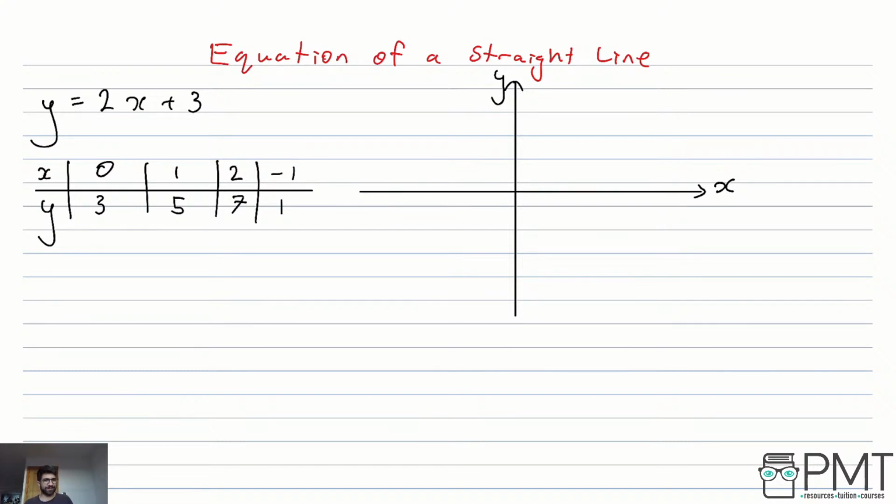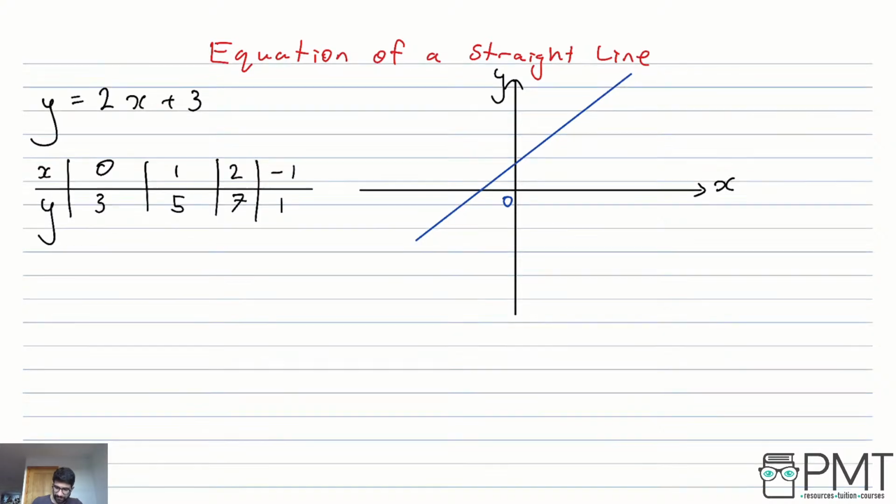So what will this look like? If you have 2x plus 3, let me put it on here. It's going to look something like this. This is the origin. We said that when x is 0, we have 3. When x is 1, when x is 2, this is 5, and then this is 7.